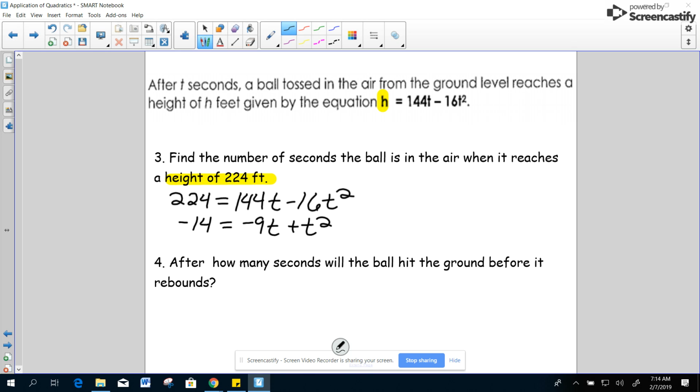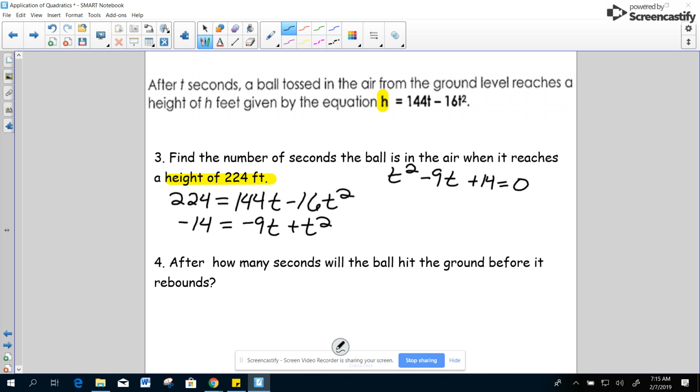Rearranging this to be in standard form, I would be left with t squared minus 9t plus 14 equals 0.